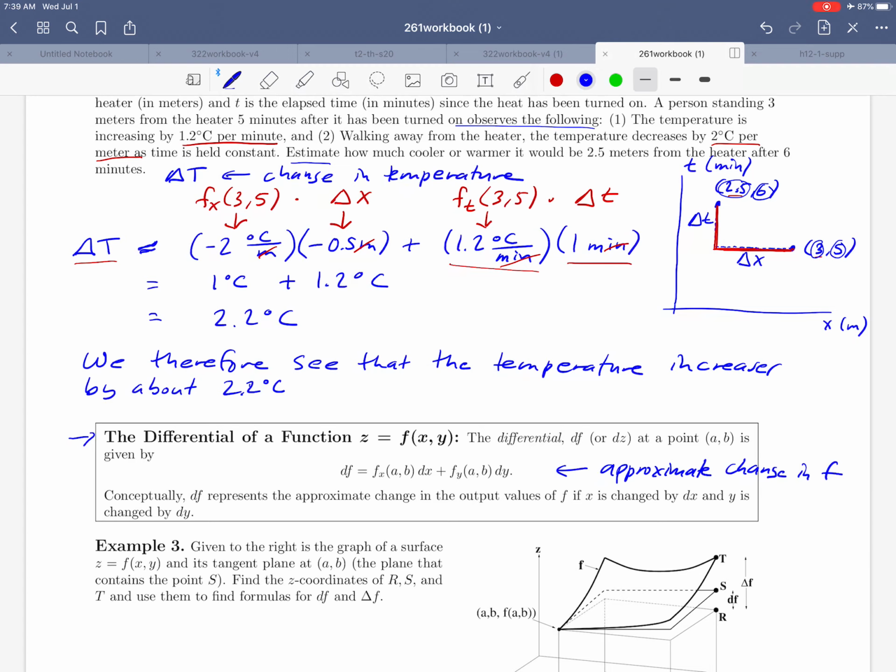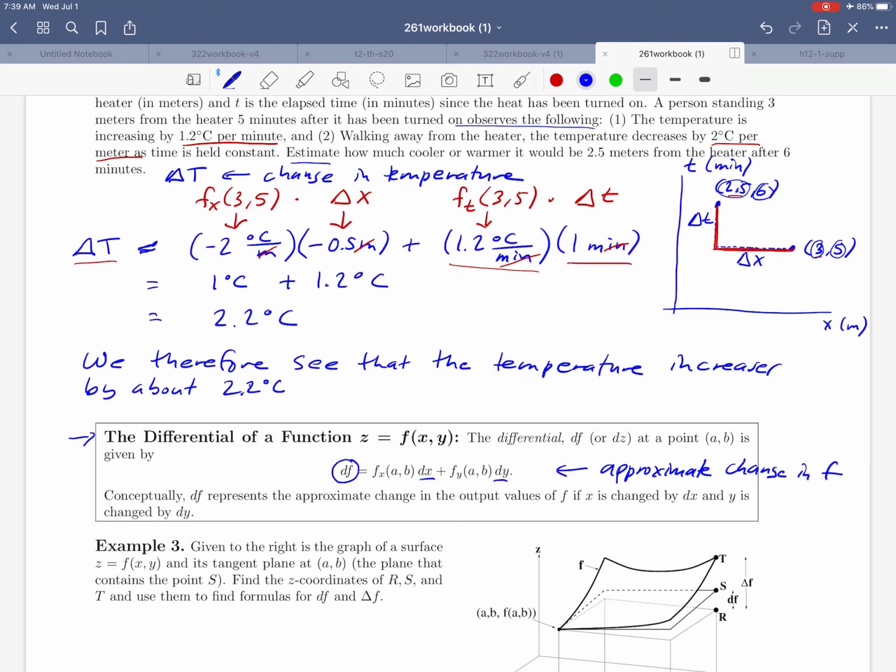Now, the only thing to notice here is that the notation is a bit different. Instead of writing deltas, we're writing d's. So this df that you see here is like the delta T that we did in example 2. It's the change in f. And then similarly, dx and dy are like the delta x and the delta t. They're just changes in x and y.